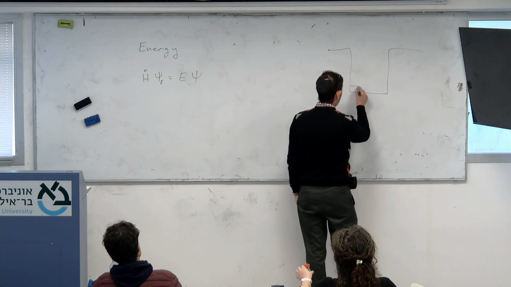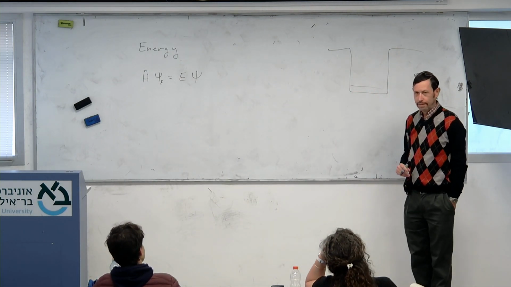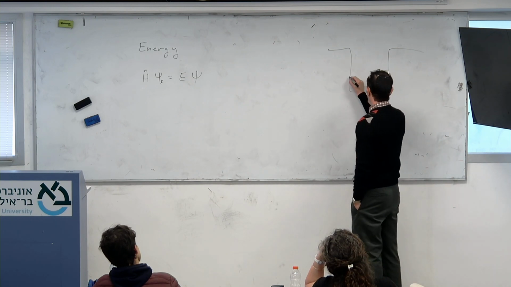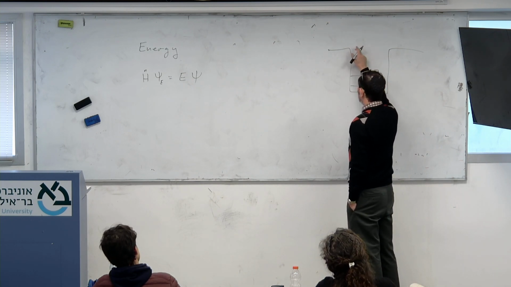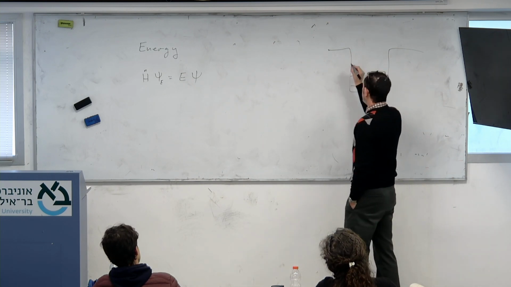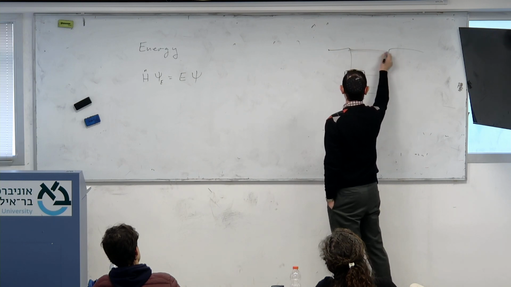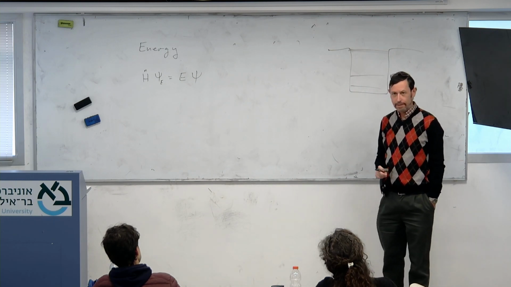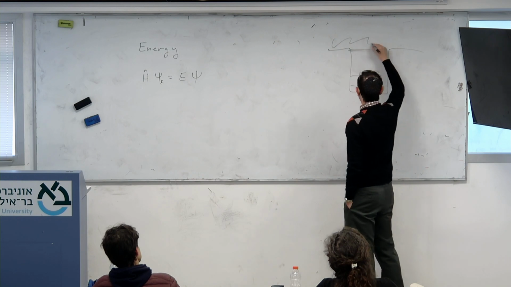You start by having levels that are discrete. Close to the edge, they become more and more dense, and here they are a continuum.